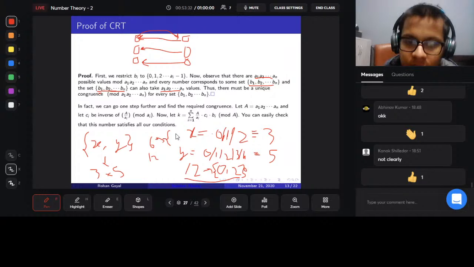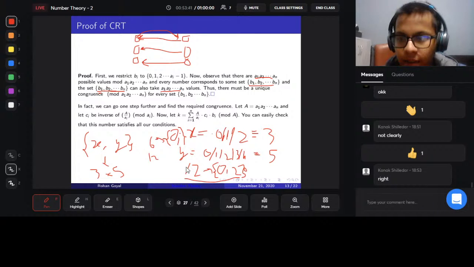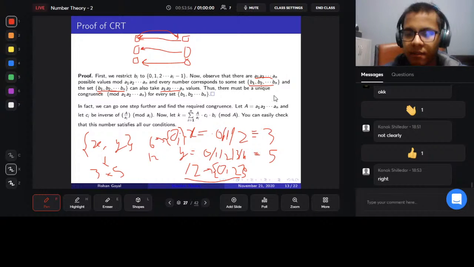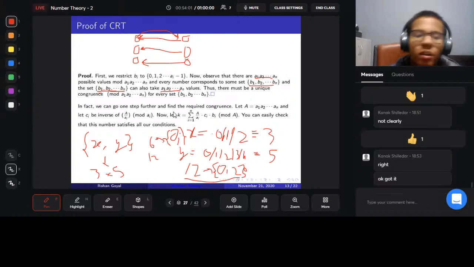Every number must go to a different set. So because they're the same size and every number is going to a different set, every set must be coming from some number. So we'll be able to find a value that corresponds to these congruences. If this is clear now, just give me a thumbs up. Okay, awesome.